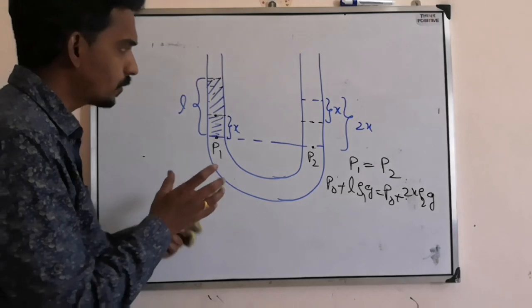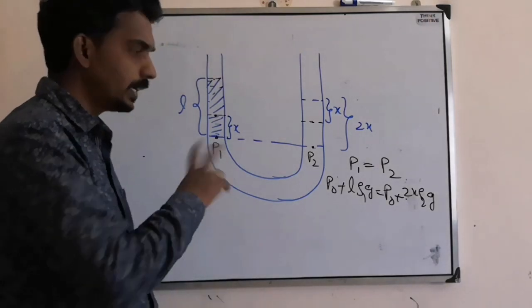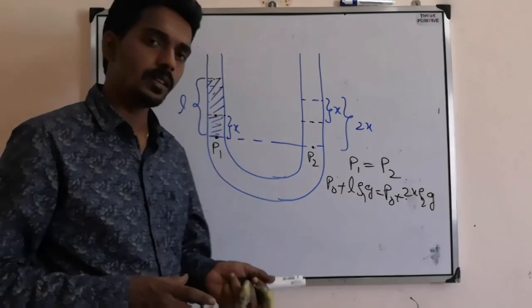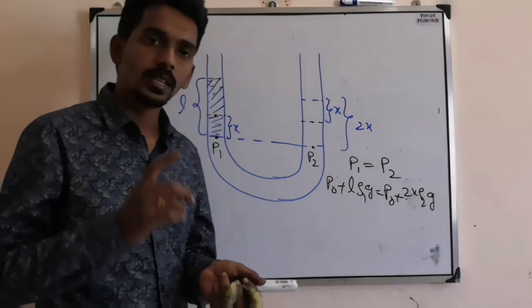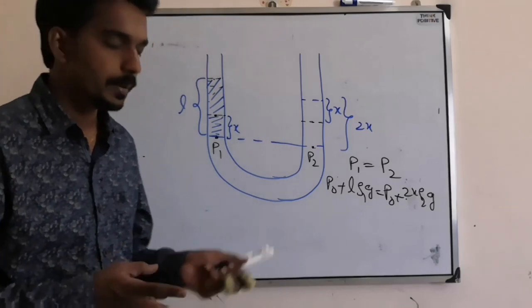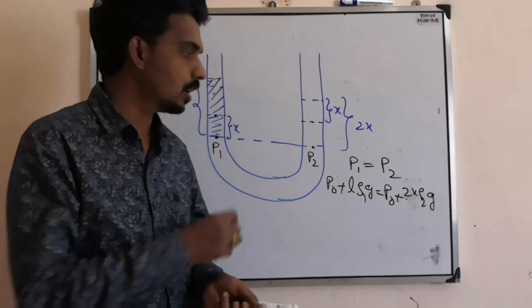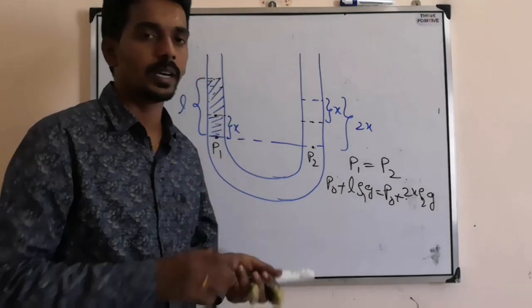So like that you have to make the relation between 2 points. So the logic here is, you have to understand the question, draw the diagram, then choose the 2 points between which you can compare, you can apply Pascal's law, so that you can get the required answer.